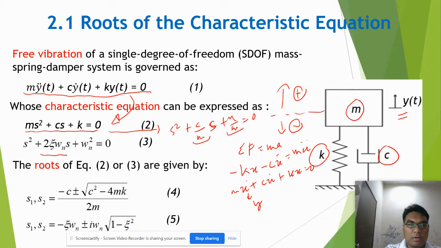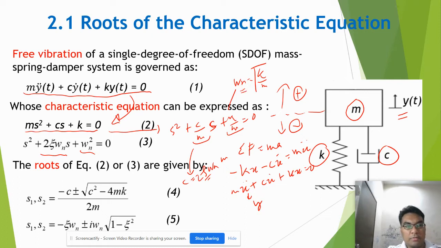K over M is equal to omega n to the power of 2, so the natural frequency omega n equals the square root of K over M. For the damping C, you can also represent it as C equal to 2 times the damping ratio multiplied by omega n and m. These are your equations for the damping ratio and the natural frequency of the system.